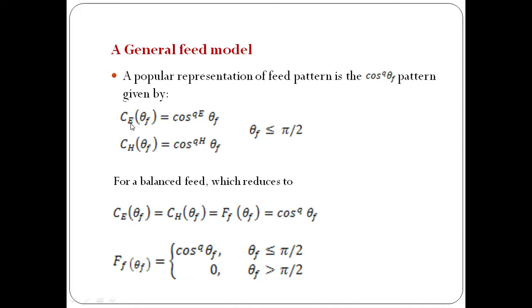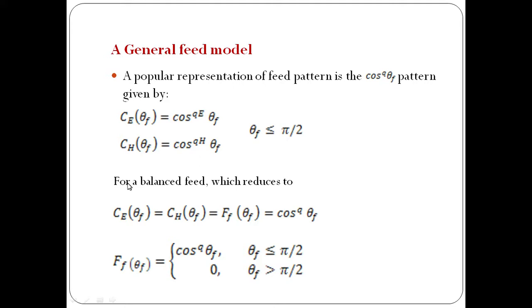In the E plane, the pattern is C_e(theta_f) = cos^qe(theta_f). In the H plane, C_h(theta_f) = cos^qh(theta_f), where theta_f should be less than or equal to pi/2. If it is greater than pi/2, then there won't be any pattern; we get 0. These are the two popular feed pattern representations in the E and H planes for a general feed model.